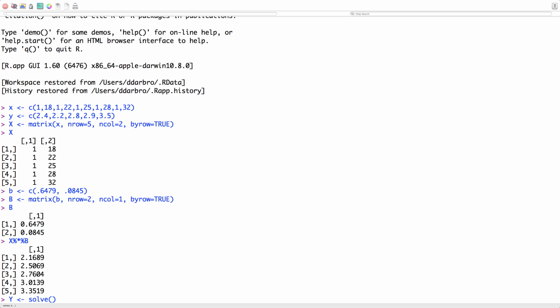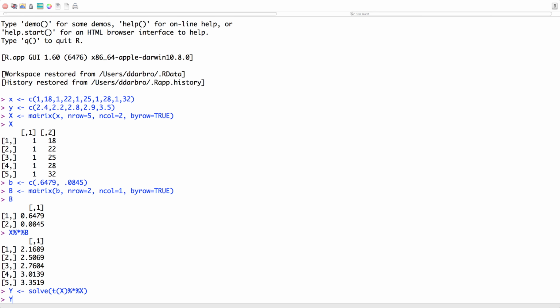So I'll go solve, transpose X. The part that's inside the parentheses, X transpose times X, I'll do the inverse of that when I do my multiplication. So I'm going to get a new matrix here, Y.